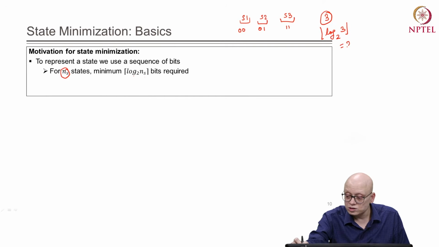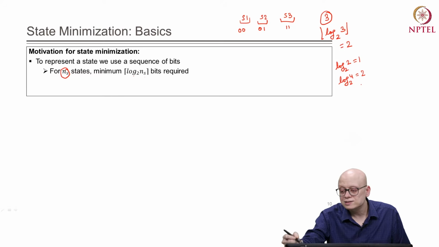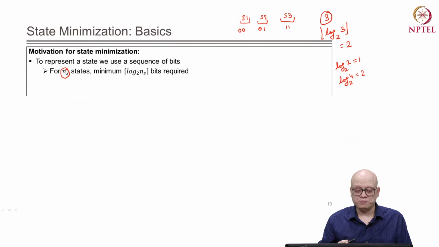Log 2 to the base 2 is equal to 1 and log 4 to the base 2 is equal to 2. So, log 3 to the base 2 will be something between 1 and 2, and if we take the ceiling it will turn out to be 2.